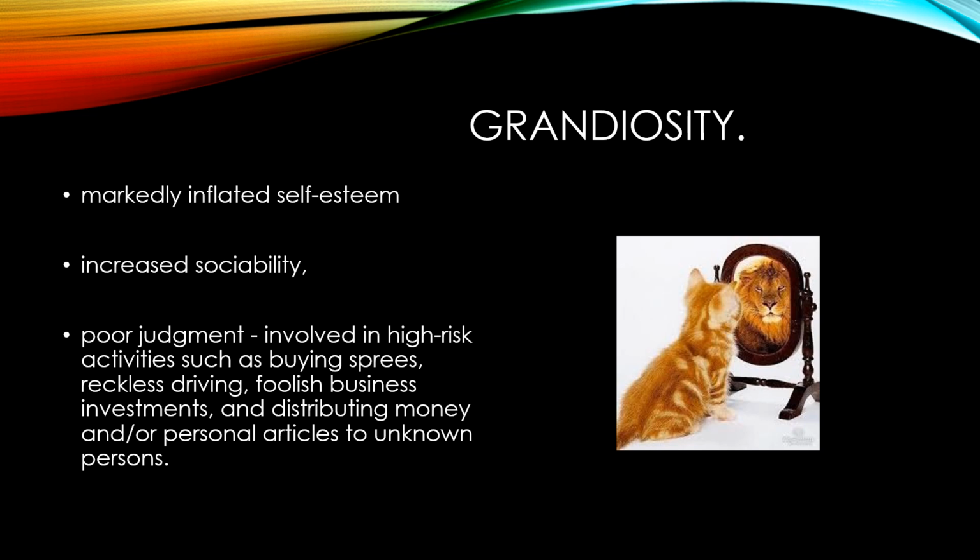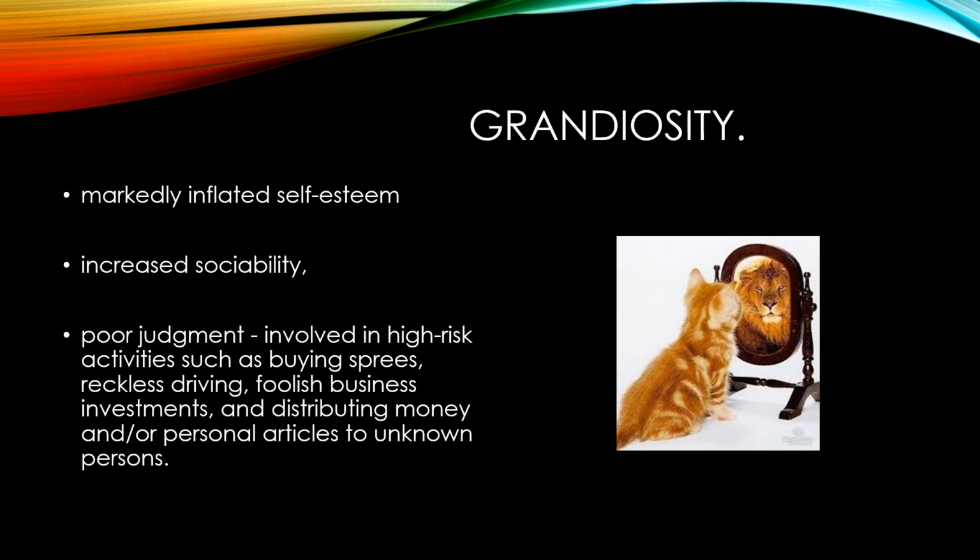Patient can be seen more social than usual also. And if you have superpowers, then you go into risk-taking behaviors. So risk-taking behavior will be buying sprees. So patient might be earning just 10,000 rupees a month, but they'll buy watches worth lakhs, or they'll buy a lot of properties, take a lot of loans or a lot of money from people.